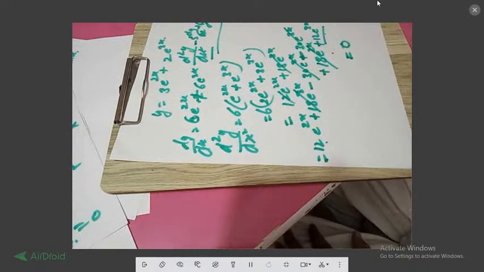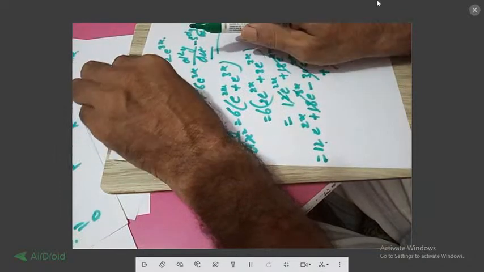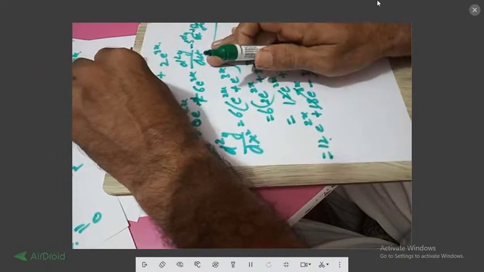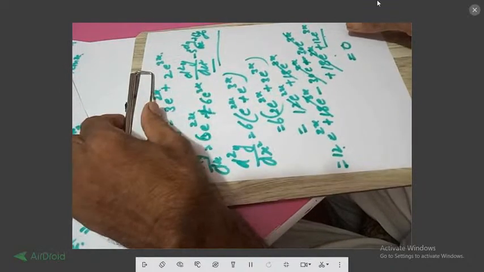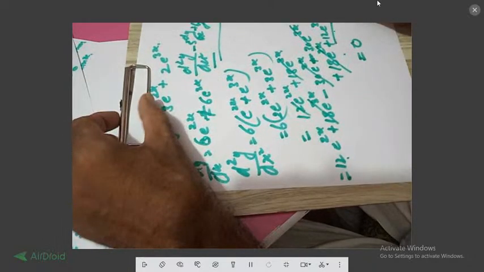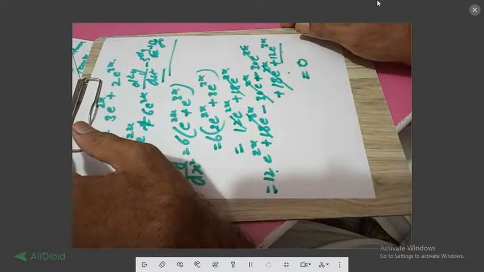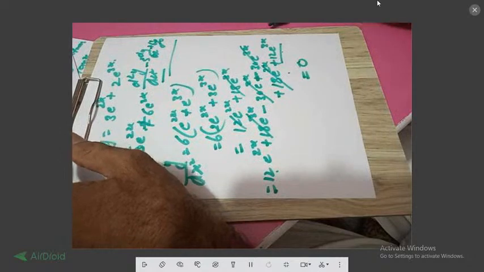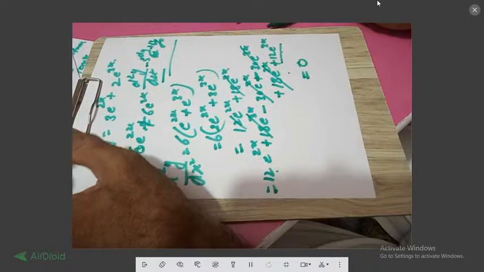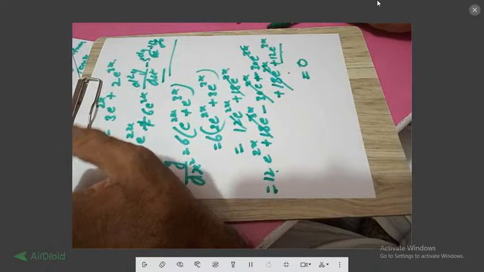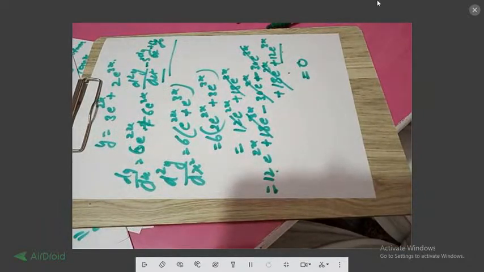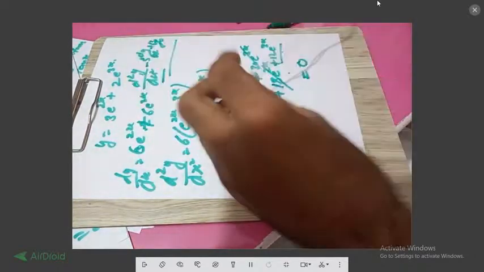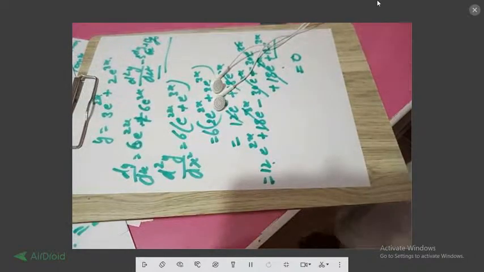1 minus e to power this, and next time we will take again dy by dx separately. This became minus x, this became x, and is equal to, and inequality. Now ask any question; I will try to solve. 1 e to power 2x minus, very easy. 3 of dy, e to power 3x is equal to 6, and this became 12 e to power 2x plus 18 e to power 3x, with the UV form.